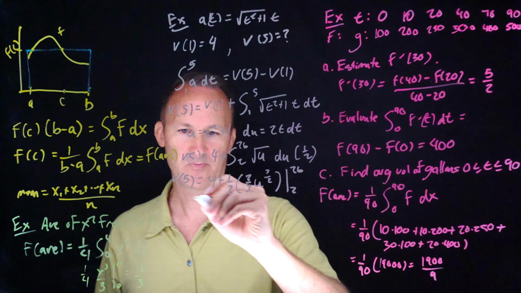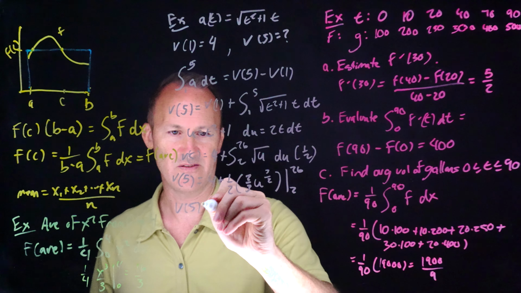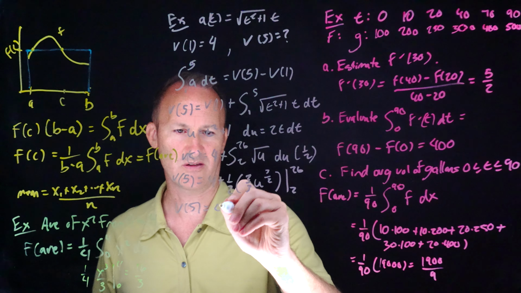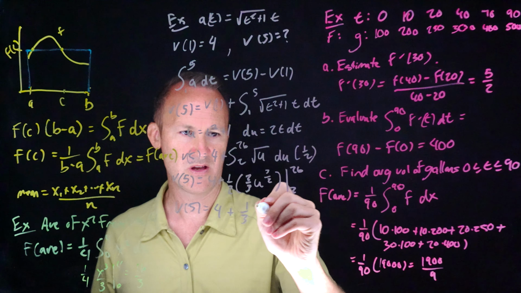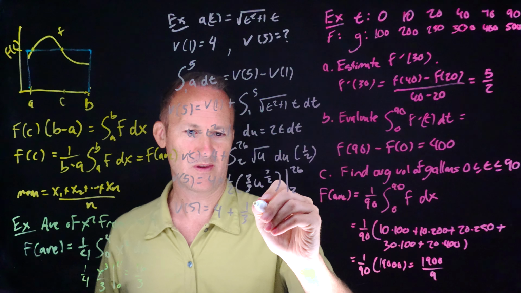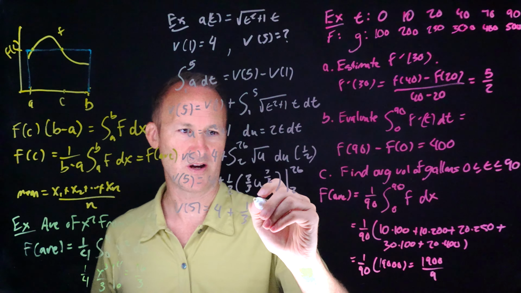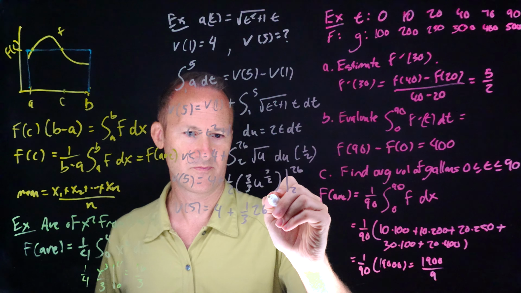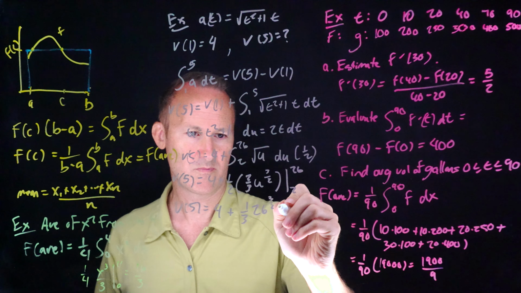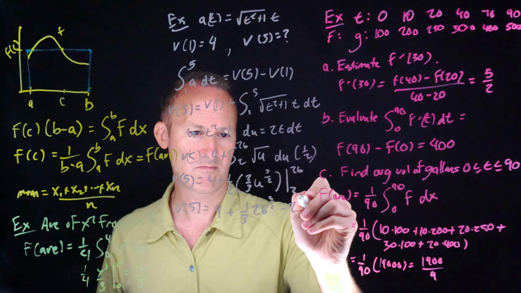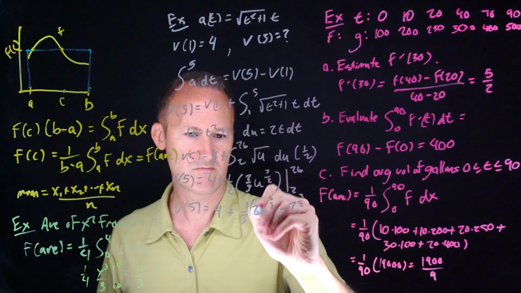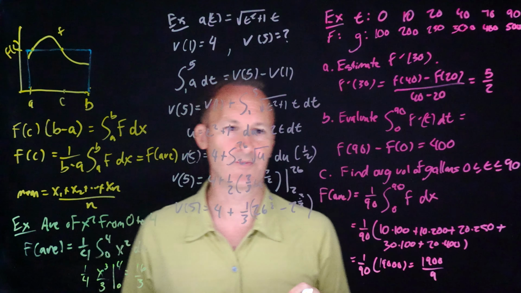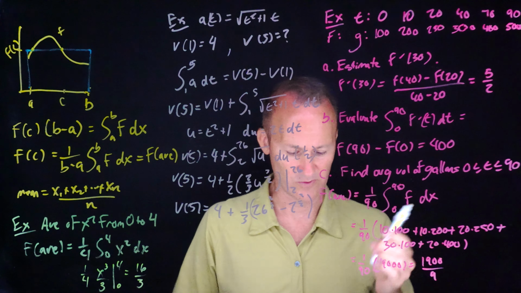Okay, and so what you're left with, v of 5 equals, those two cancel, 4 plus 1/3 of 26 to the 3/2 minus 2 to the 3/2. Okay, and that would provide the final result.